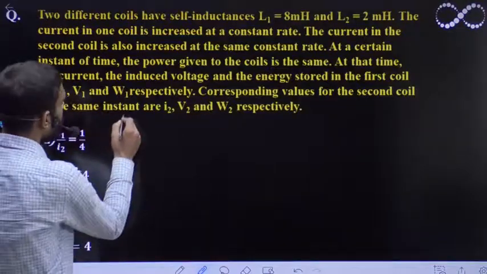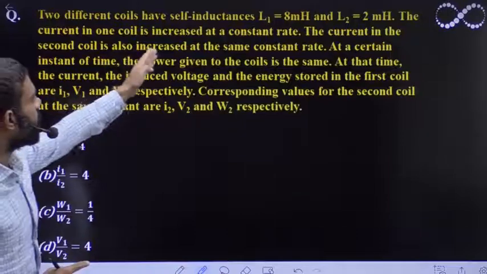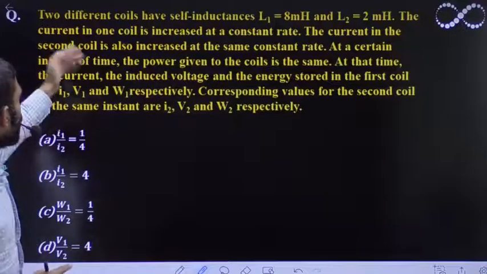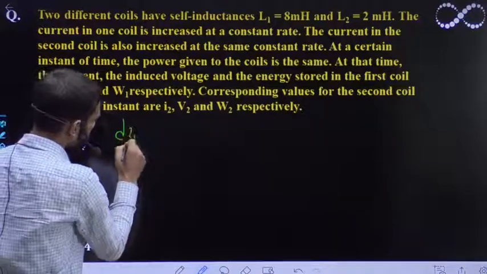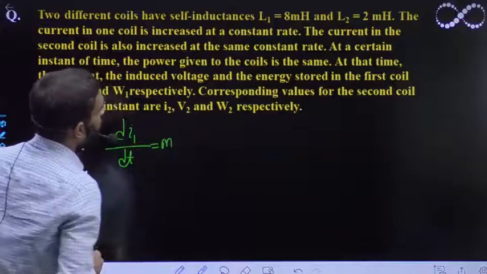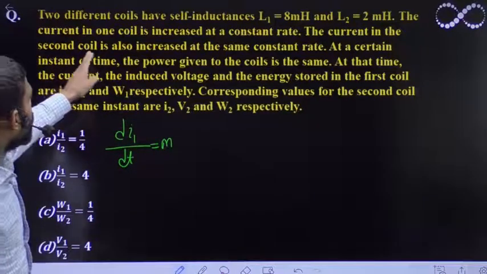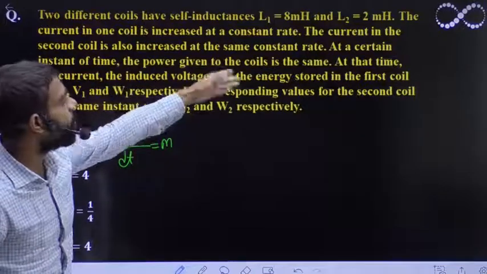So I can say from here, in the first part it is saying the current in the one coil is increased at a constant rate. So first coil का current I1 है, so I can say dI1 upon dt, let us call this M. And you can see the current in the second coil is also increased at the same constant rate.